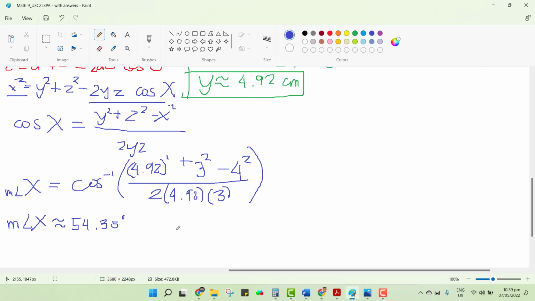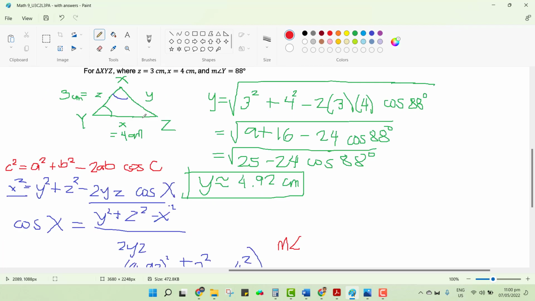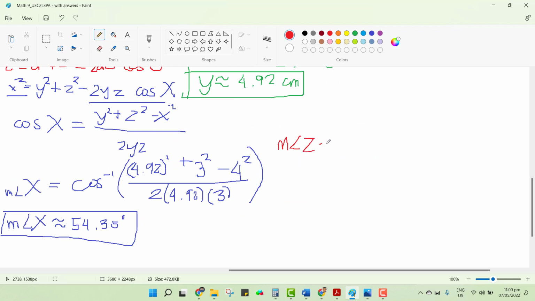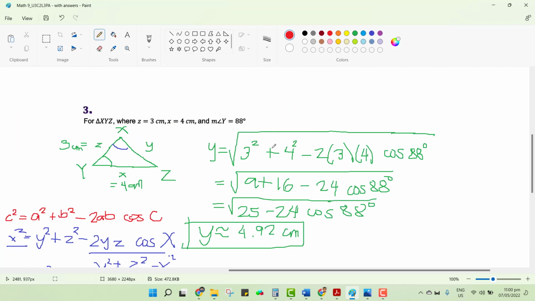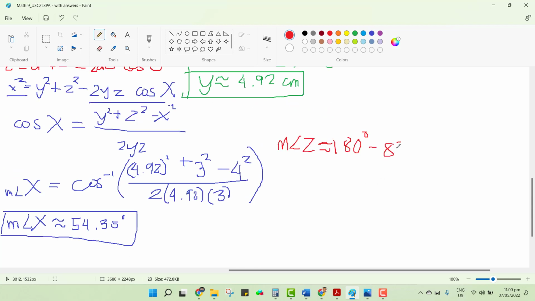Just for guidance. And finally, for the last part, let's take a box of this. The measurement of angle Z is approximately 180 degrees less the given angle, 88, and the new angle solved a while ago, 54.35 degrees.